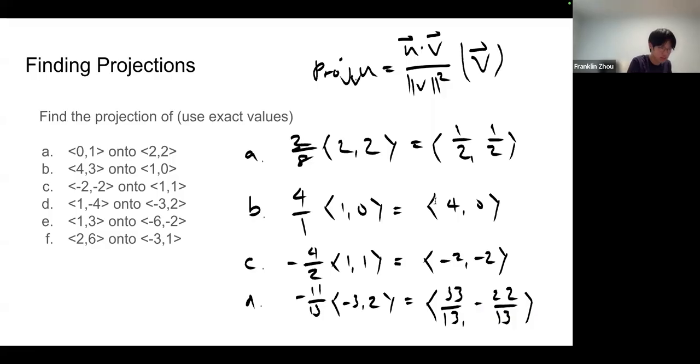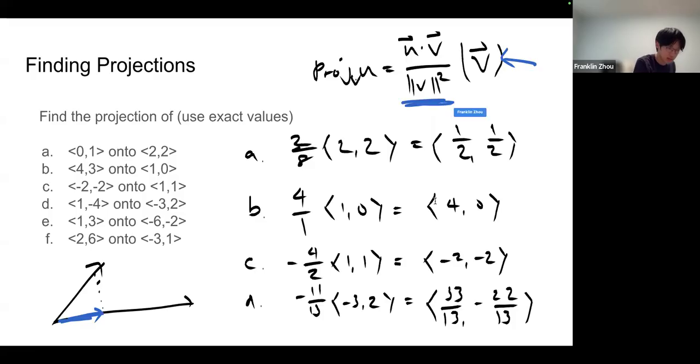I'll erase this shortly. Just remember that the top is the dot product of the two vectors, and the bottom is the vector that's being projected on. And since we know how a projection works, like this blue vector, it should be in the same direction as the vector being projected on. So that's why this v term is here, because we're projecting onto it. So it must have the same direction. Well, this part gives us the magnitude.